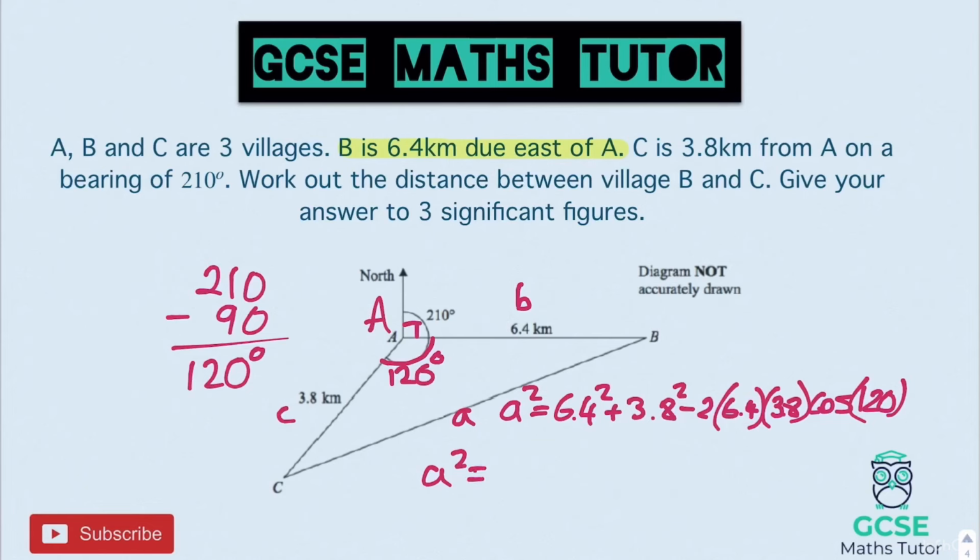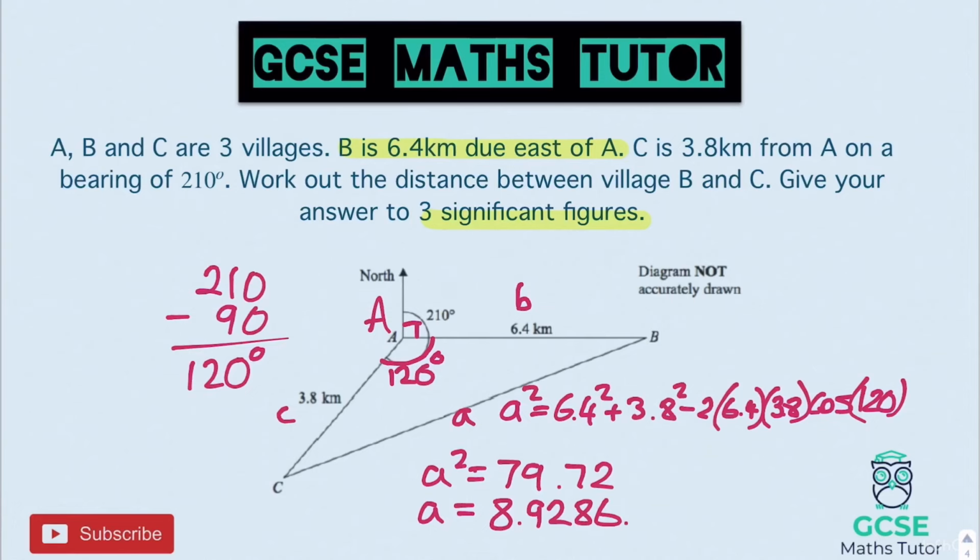So 6.4 squared plus 3.8 squared minus 2 times 6.4 times 3.8 cos 120, close the bracket, and there we go, we get 79.72. Right, okay, so there is the value of A squared. Now we just need to square root that to find our value of A. So if I do square root answer, we get 8.92 and a lot more decimals here. So 8.9286.